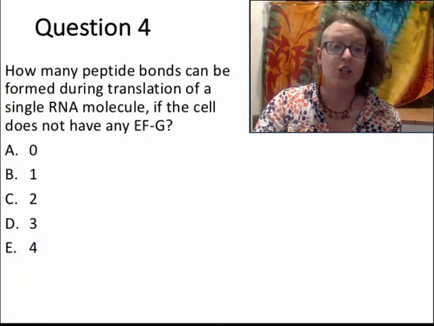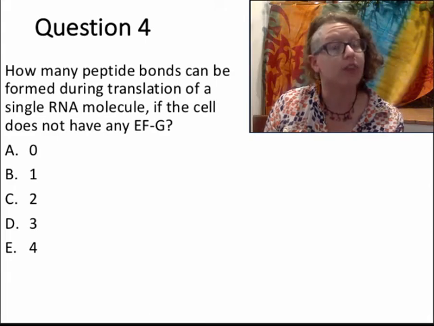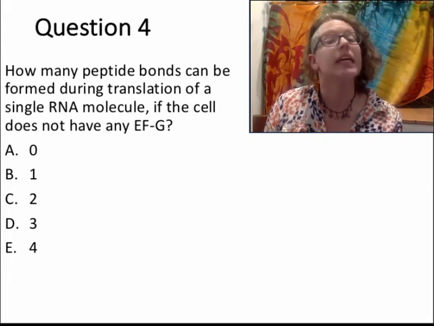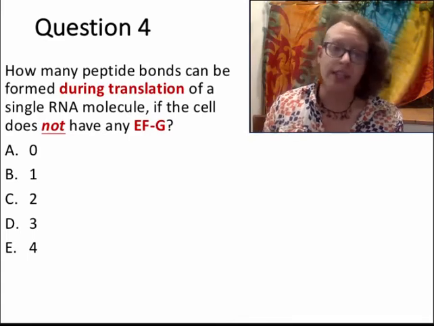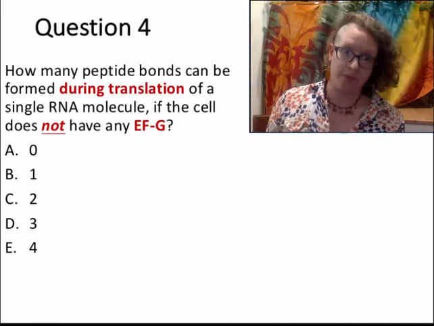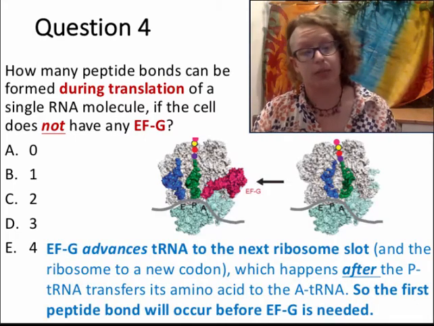Cool. Question 4. How many peptide bonds can be formed during translation of a single RNA molecule if the cell does not have any EFG? So these are the important parts. Translation without EFG. And in order to figure this out, we have to remember what EFG does.